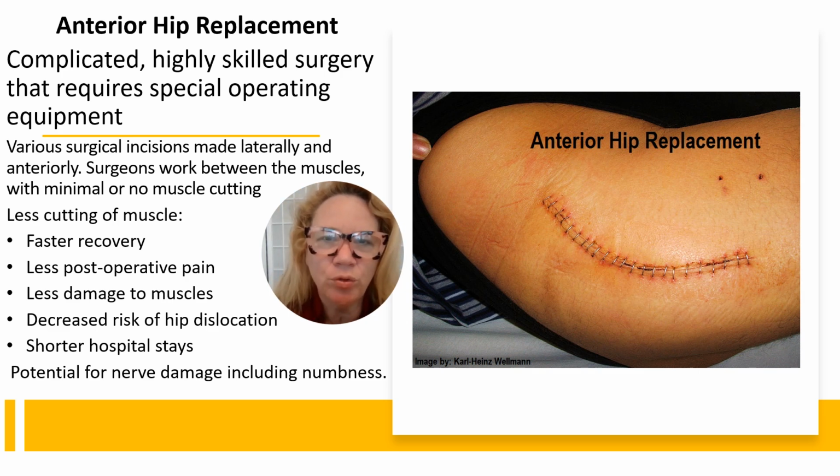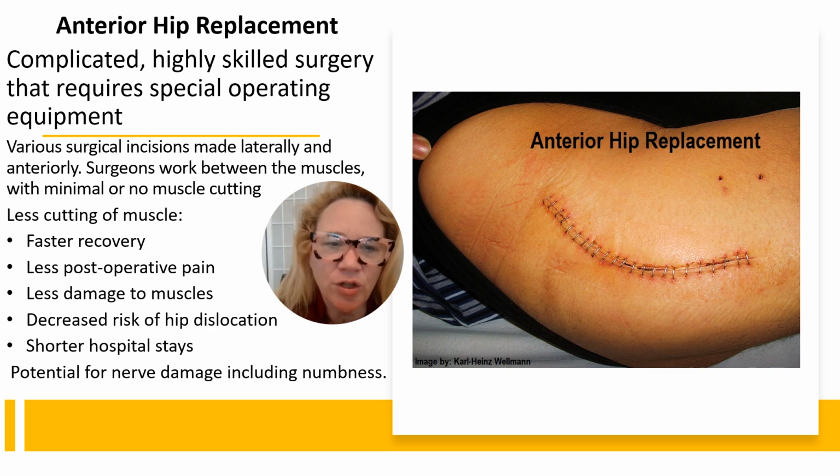Those are people who are usually morbidly obese, they're too large, and they're not able to make the incision in the front and be able to see what they're doing. They're going to have to cut in the back instead. Now, with anterior hip replacements, there have been a variety of incisions being made for this anterior process.